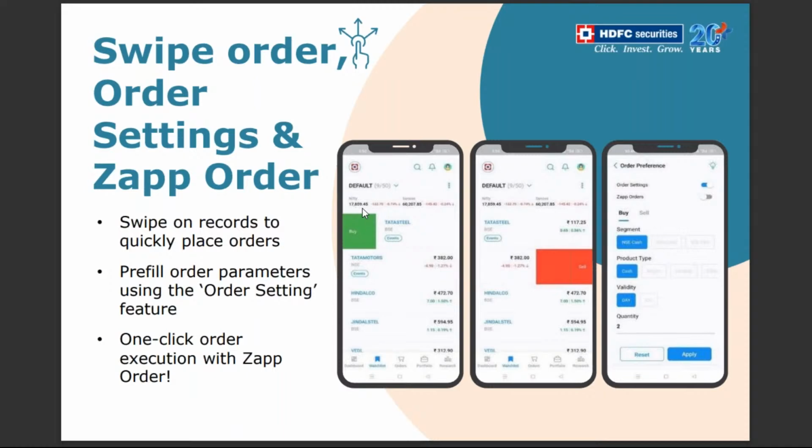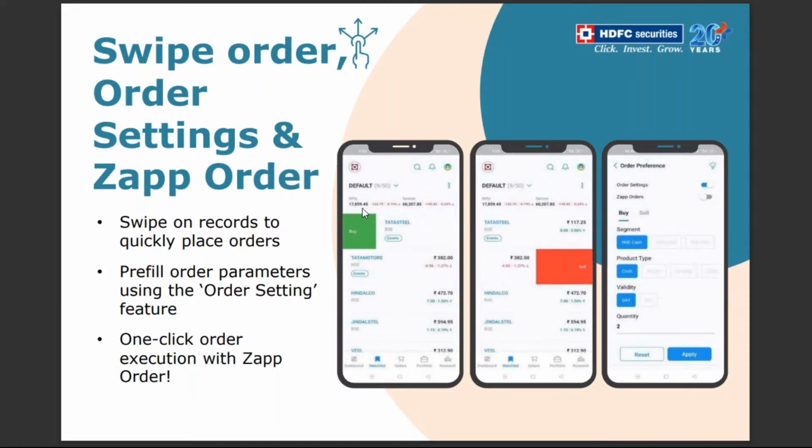So you don't have to navigate to the order page. Here itself, for example, you're viewing a particular stock and you want to buy it, you can immediately do a right or left swipe. Right swipe, you'll be able to place the order to buy the stock. Left swiping will let you sell the particular stock.